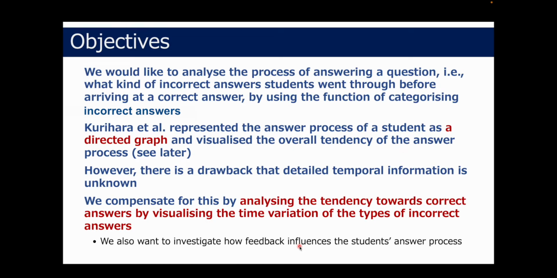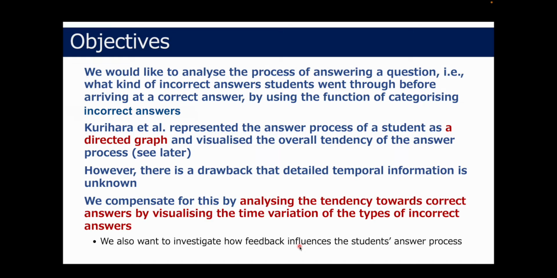Next, we describe the objectives of the study. We would like to analyze the process of answering question, in other words, by using the function of categorizing incorrect answers, what kind of incorrect answers students went through before arriving at the correct answer.